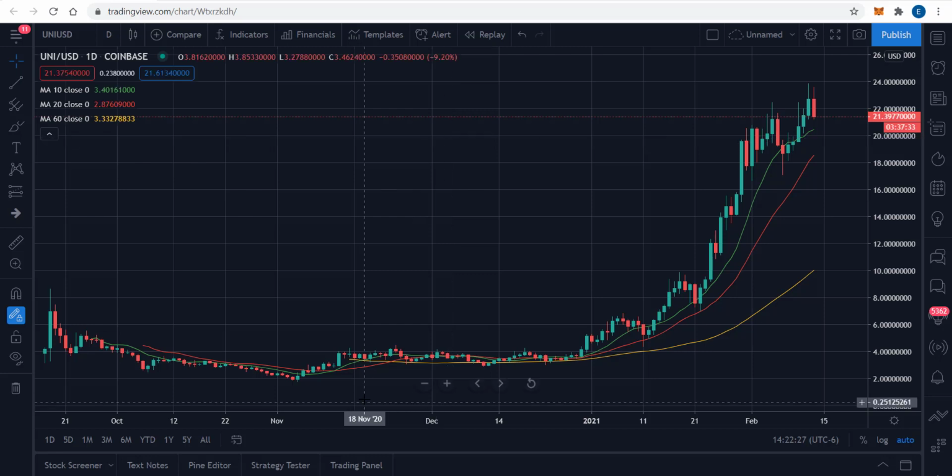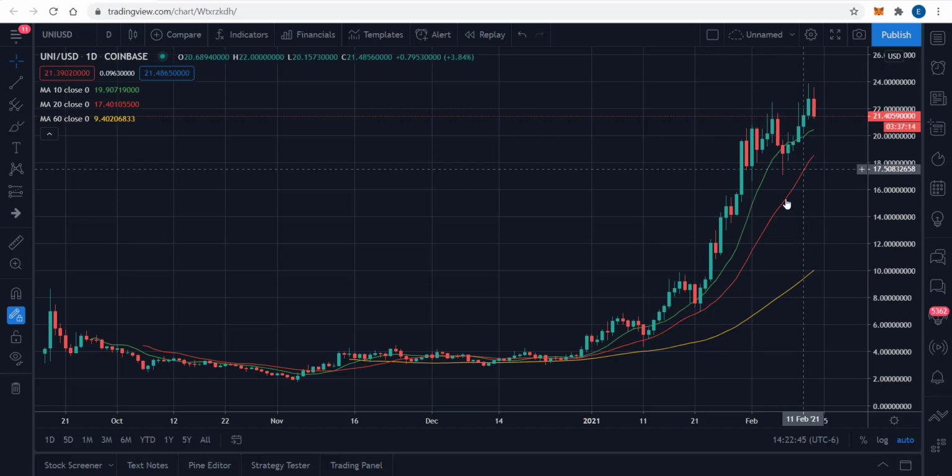So right off the bat, I'm noticing that Uniswap has bounced off of its 20. This red line is the 20 period. In this scenario, it's 20 day. It's bounced off of that a couple of different times, and we haven't seen it touch back in a while. You can see right now all three moving averages are in line.